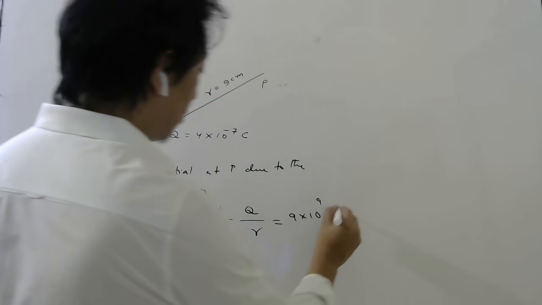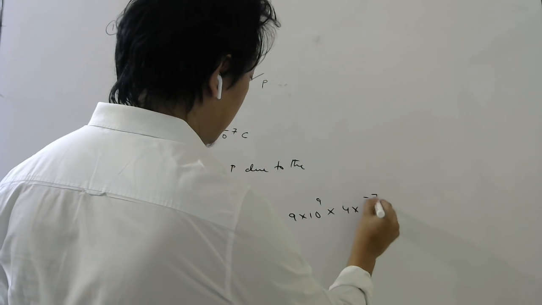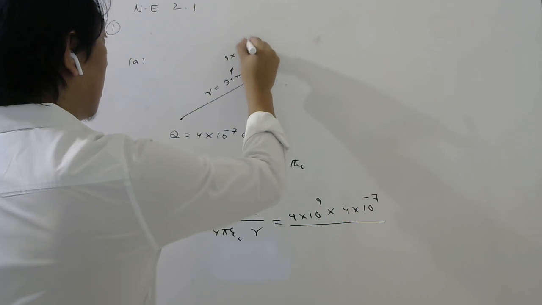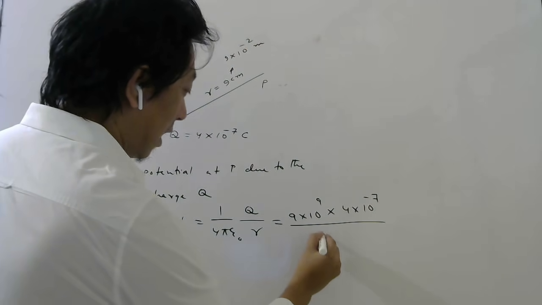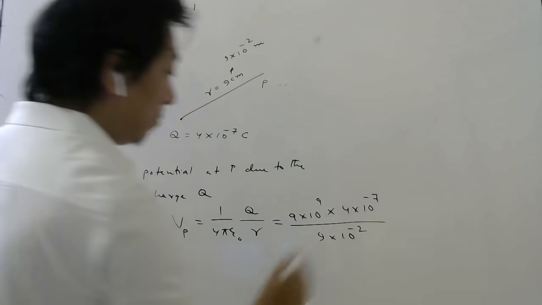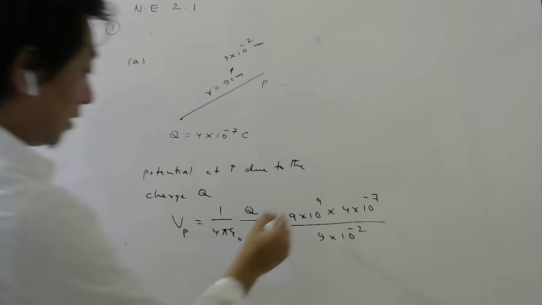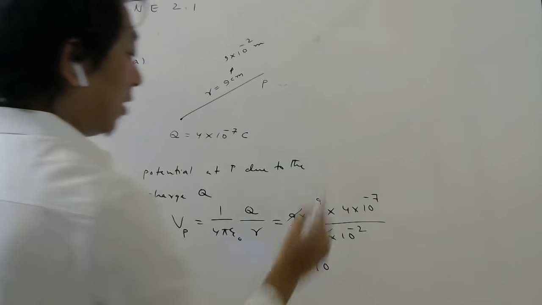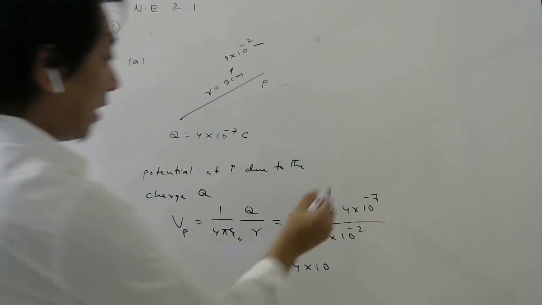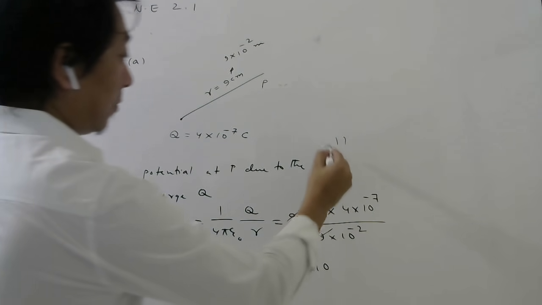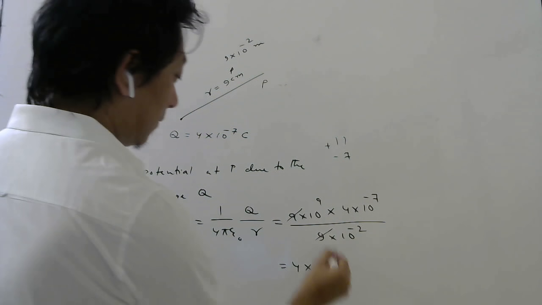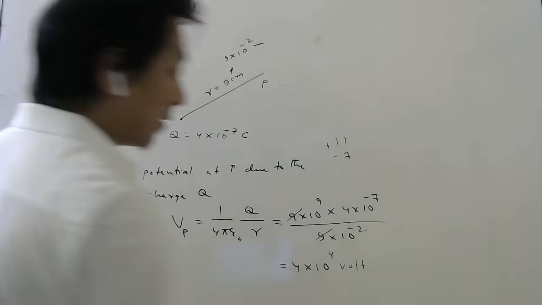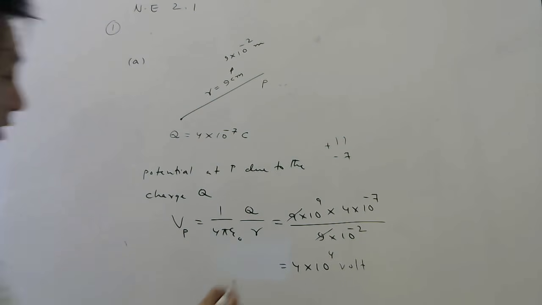This charge is 4 into 10 power minus 7 coulomb, divided by 9 centimeter, which is 9 into 10 power minus 2 meter. So r is 9 into 10 power minus 2 meter. SI units you have to use. 9 will cancel. 4 into 10 power minus 2 will go up. Plus 2, plus 9 will be 11. So plus 11 minus 7 will be 4. Right? So this much volt. So this is the potential at point P.